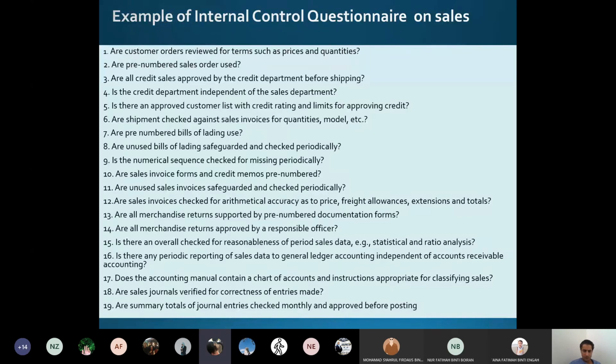Are all merchandise returns approved by a responsible officer? So now we try to check the existence of an approval process for sales returns. Okay, if they have it, okay, but if not, then we consider it a deficient or negative internal control at this point. Okay, number 15.